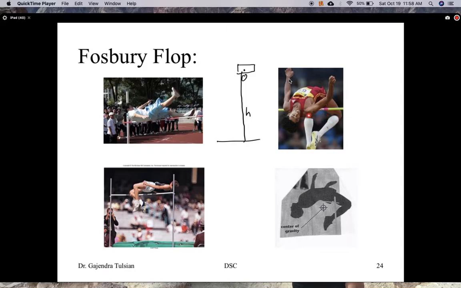Now on the other hand, if you go over the bar like this, we'll draw the same diagram. Here's the pole. When you fold yourself up like that, your center of mass goes under the pole. Your center of mass has risen only that much. So with this technique, you could actually clear a pole that is much higher.